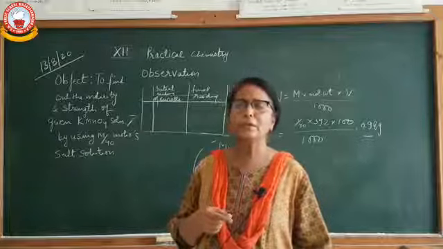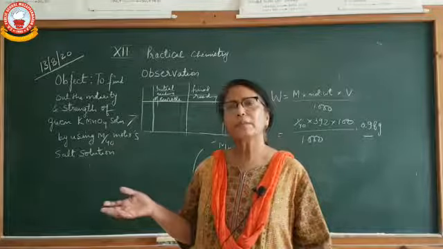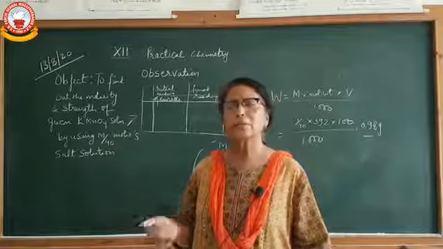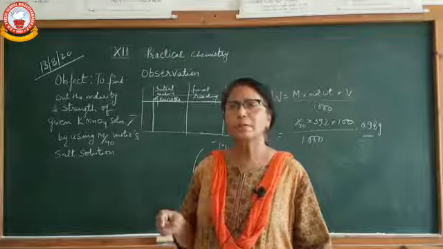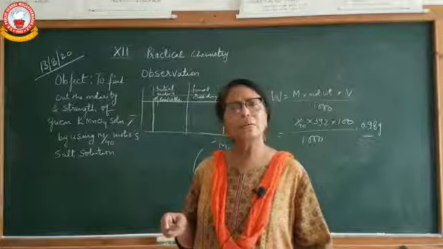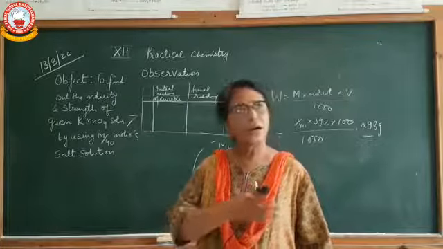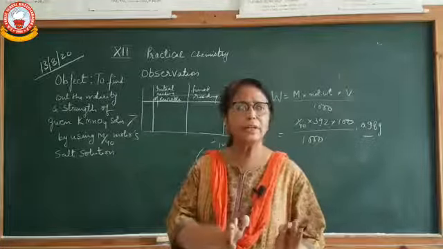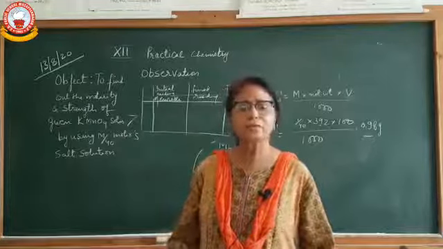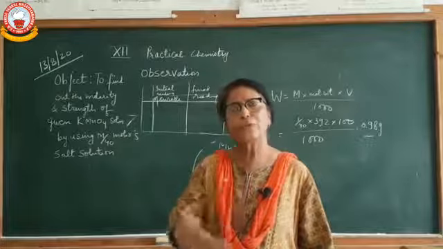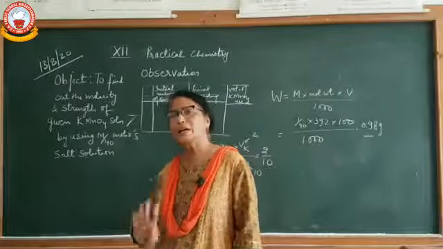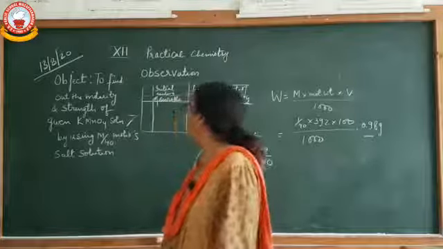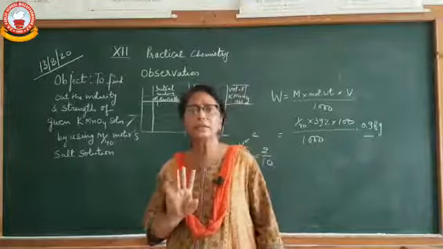Similarly, in the pipette you will fill Mohr salt, so the pipette should be rinsed with Mohr salt. Afterwards, the assembly is there that Rachna ma'am has told you, where your burette is clamped in the iron stand or plastic stand, and you will take 3 concordant readings.